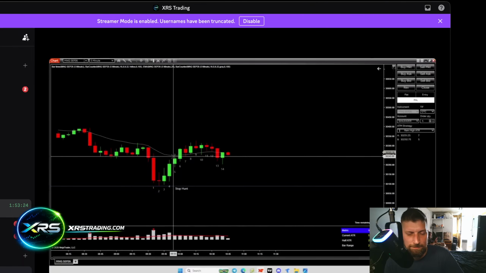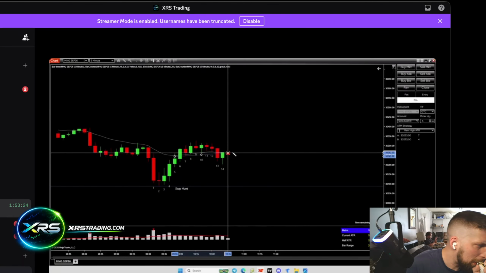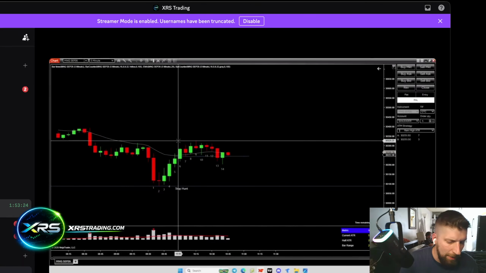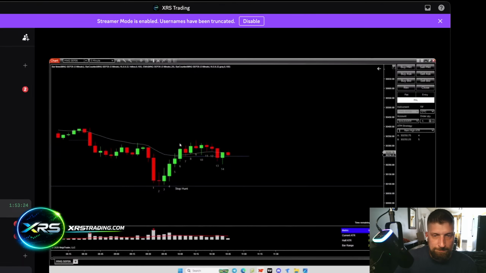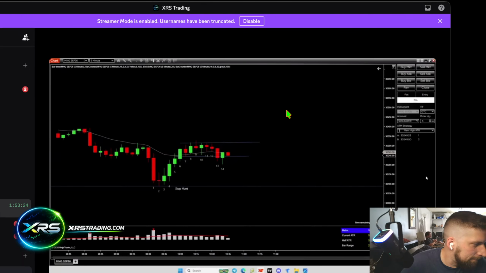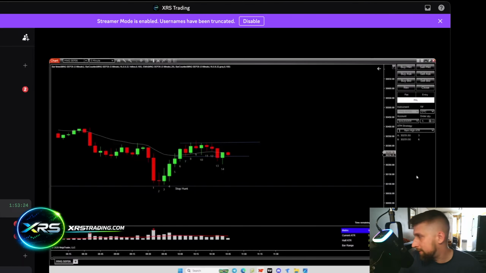I'm still just looking at this. It's hard to say. I need to see how this candle develops, but it looks like this might just be a bounce on the way down.